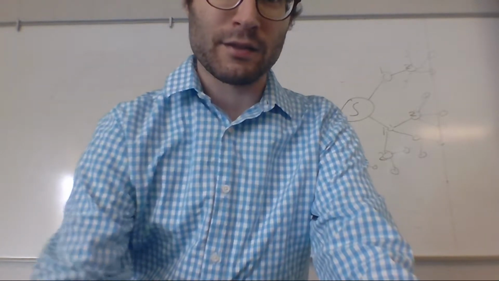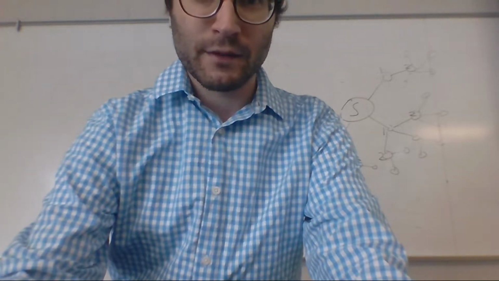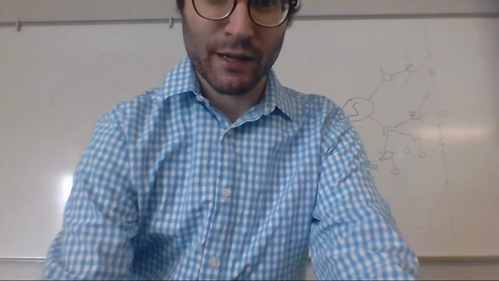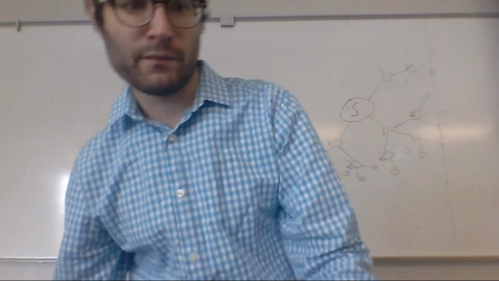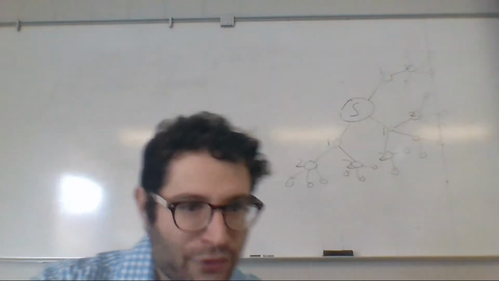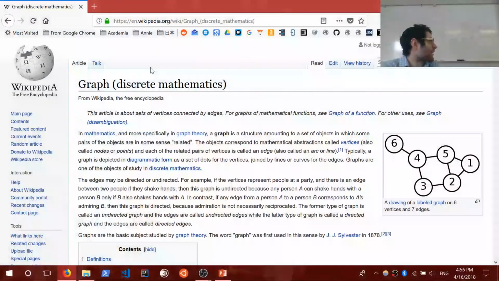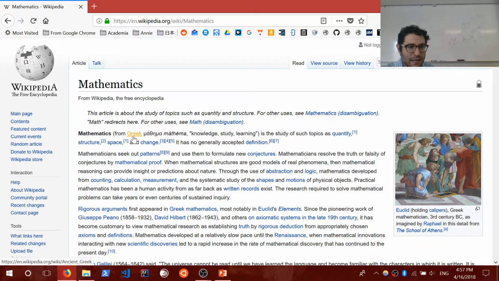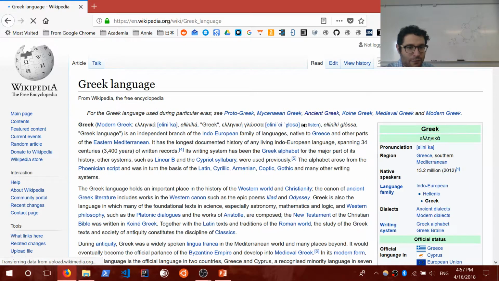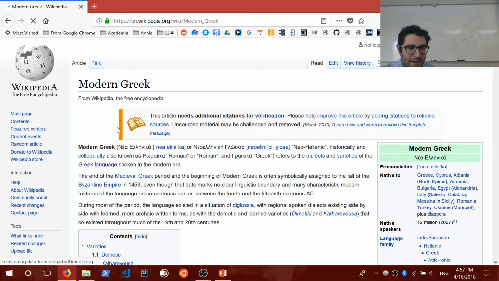So let's look at graphs on Wikipedia, specifically math. Here we are on the graphs page. If we click the first link, mathematics, that'll bring us to the Greek forms, modern Greek. I'm not sure if I'm supposed to include the parentheticals.